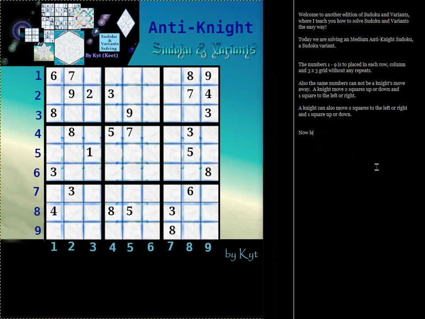Now, let's look at row 2, the middle 3x3 grid. Notice that we have an 8 in rows 1 and 3.